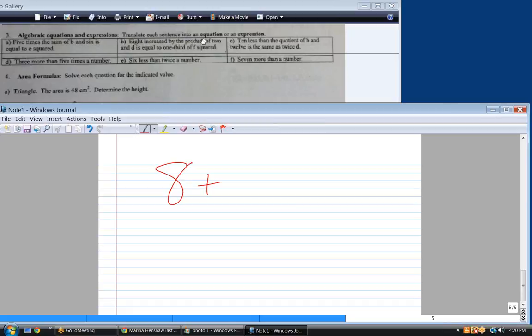So when they say the product of 2 and d, they mean that. And it's equal to 1/3 of, which means multiply, f squared. Oh, okay.